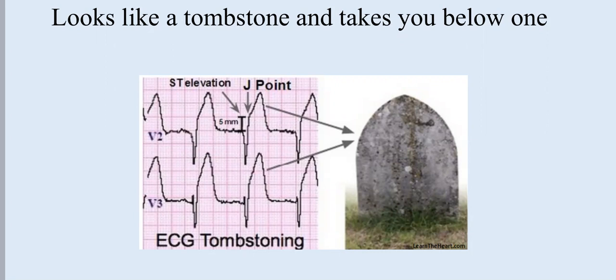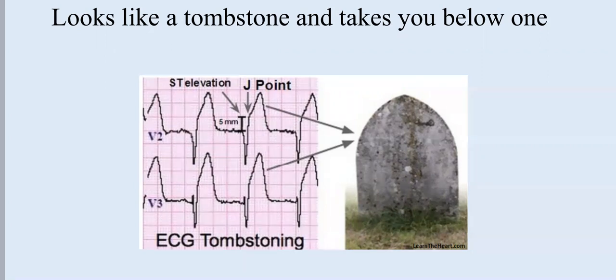Initially, by the way, there was controversy around what prognosticates the ST segment elevation. Is the ST segment elevation degree meaningful? And the studies have proven yes. The more ST segment elevation you have, the worse the prognosis.